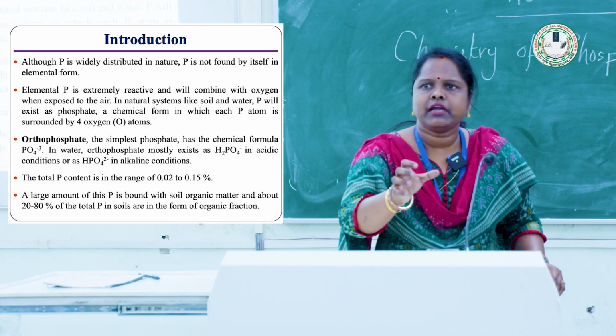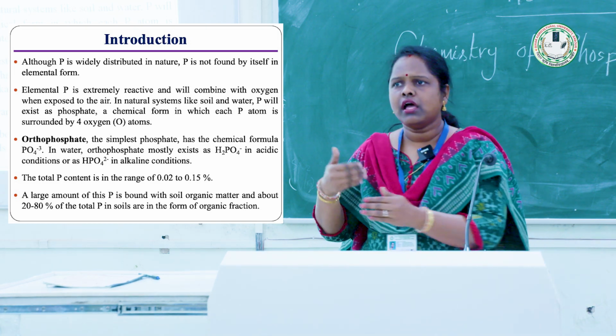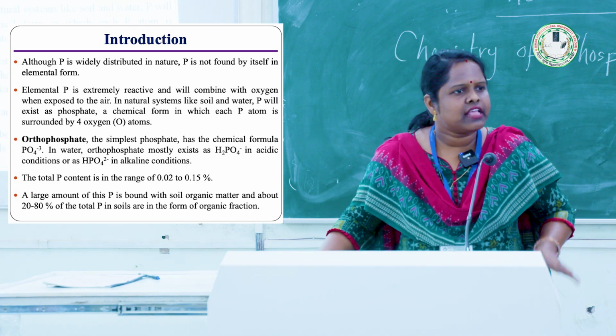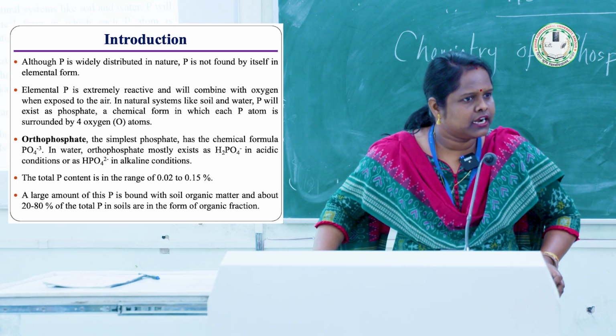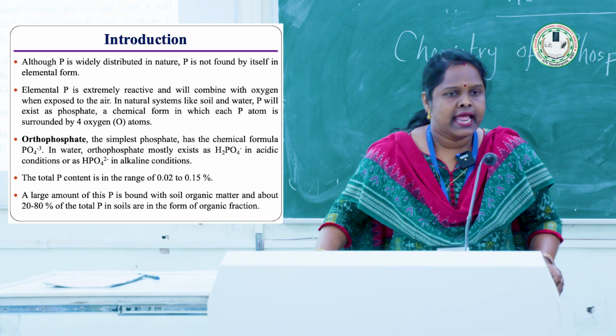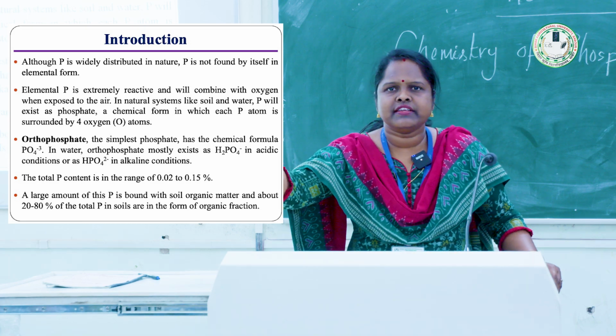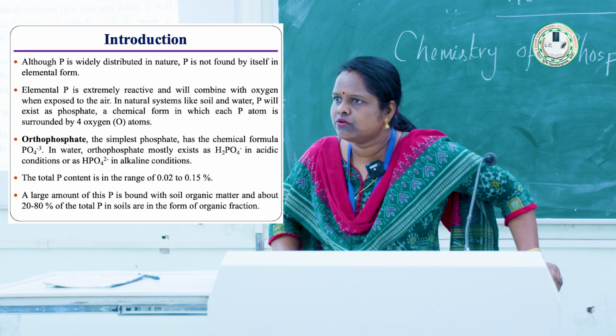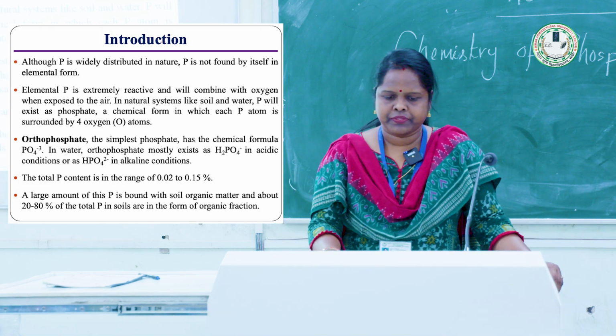When the organic P constituent is 80%, the inorganic P will be 20. For example, in subtropical conditions, inorganic P will be more than organic P. And in temperate conditions, cold regions, organic P will be greater compared to the inorganic P.